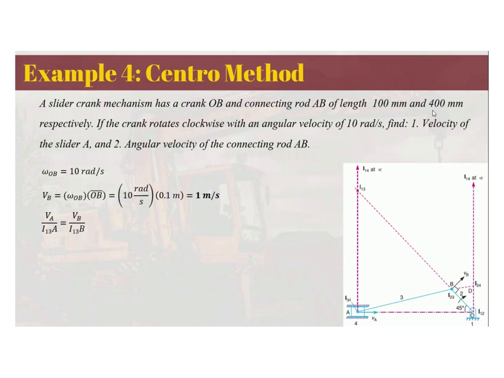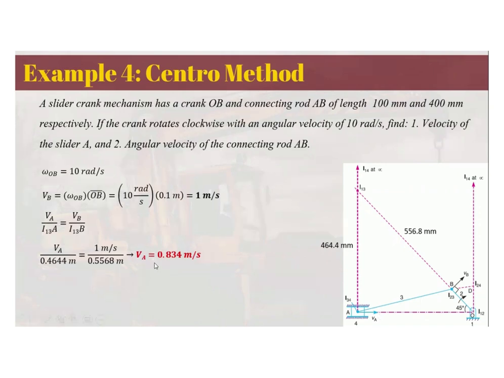You may use a scale to reduce the drawing. Solving, we have 464.4 mm and 556.8 mm. We can now solve for the velocity of A by substituting the values. The velocity of A is 0.834 meter per second, and obviously this is moving towards the right.